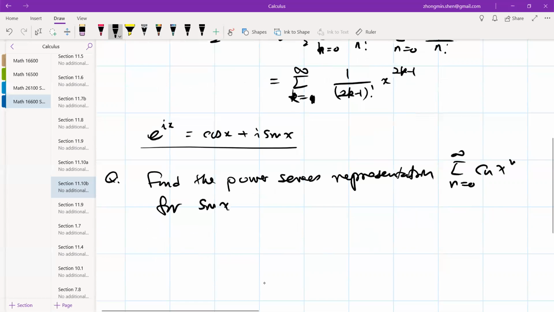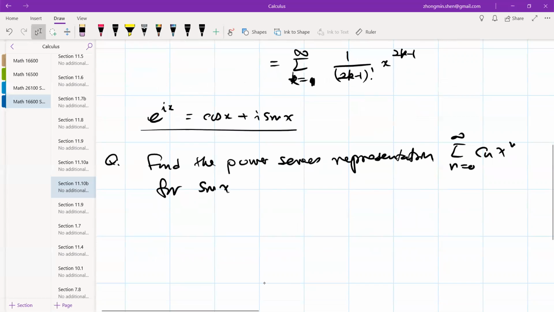How do we do that? If the power series exists, then the only candidate for Cn is going to be this.